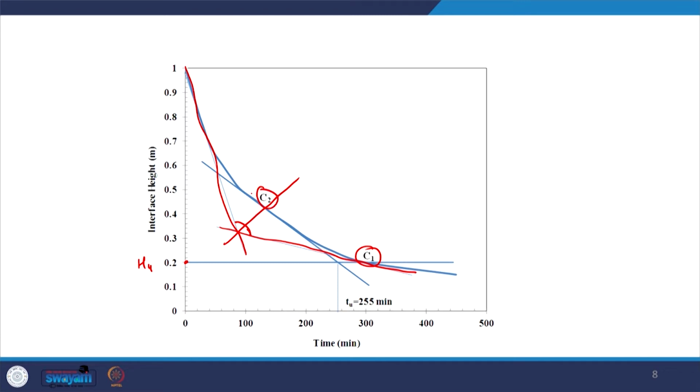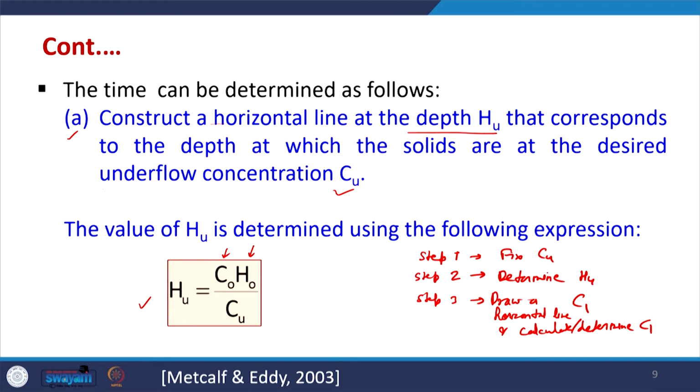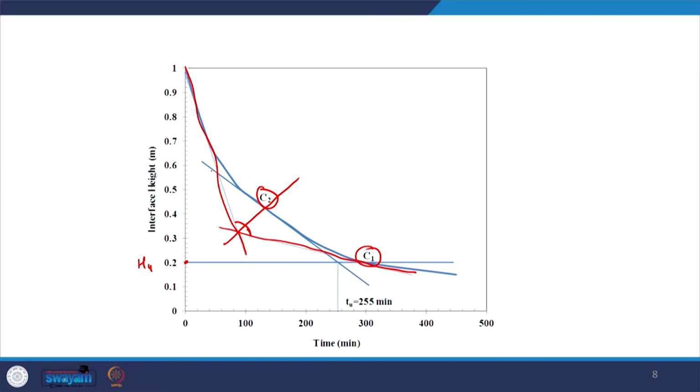There are a number of steps in step 4, but we have to determine the C2 value, and in the next step we draw a tangent at C2 which meets the first line at this point, and this point corresponds to Tu. So, this is a little lengthy trick, but this is how we find it out.